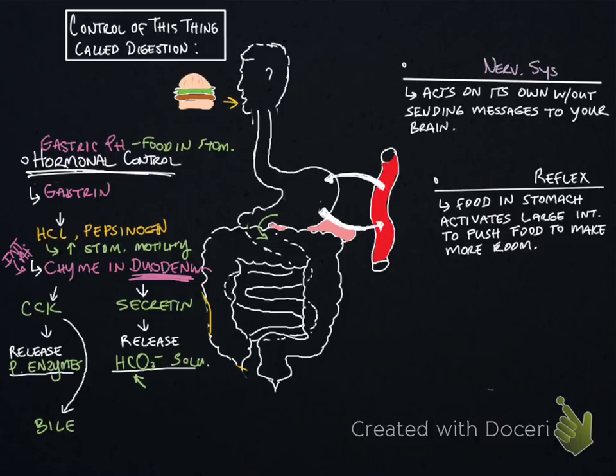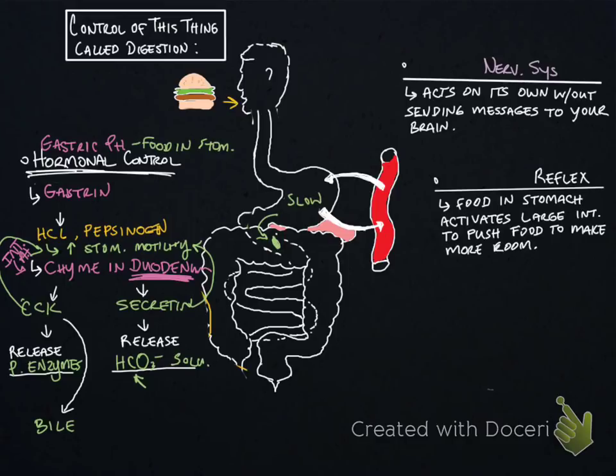Okay, other things these hormones do. CCK actually slows down the motility of the stomach, as well as secretin inhibits the motility of the stomach. So once we have enough chyme in the small intestine, the release of those hormones actually slows the motility down of the stomach so that we can have time to digest the chyme that is now in the small intestine.